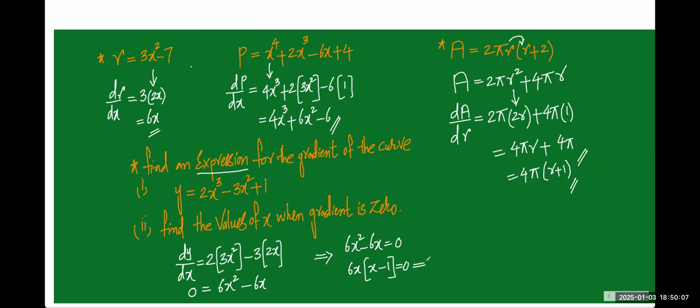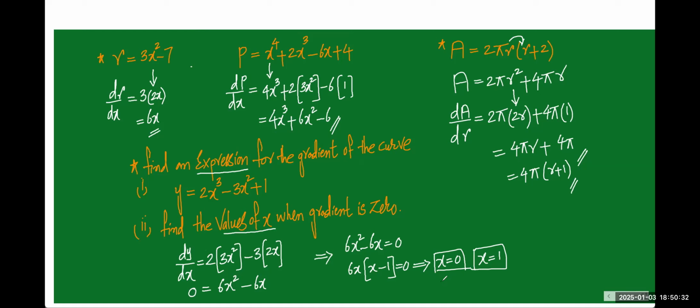There are two cases. 6x is equal to 0, it means x is equal to 0. Another possibility is when x minus 1 is equal to 0, automatically x value is 1. It is asking to find the values of x, and we got the values of x.